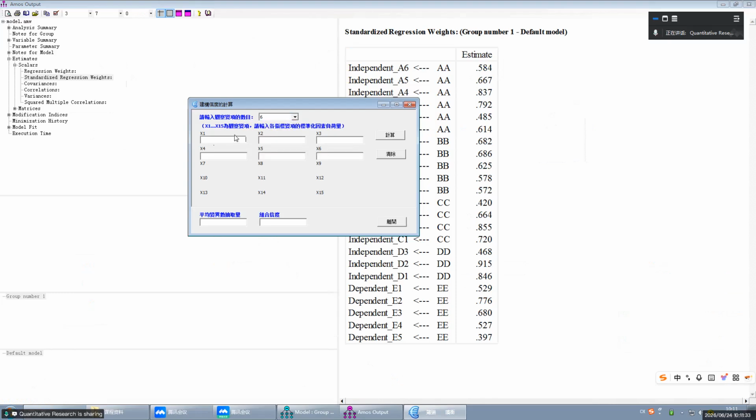The first factor loading 0.584. Then 0.667. Then 0.837. And 0.789. Sorry, 0.792. Okay. This is 0.485.